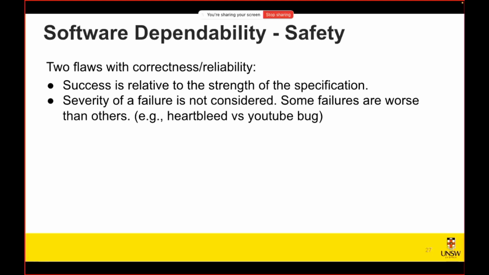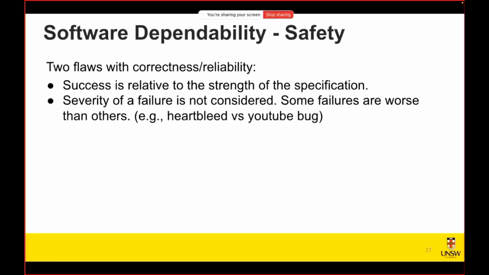Another flaw is that the severity of the failure is not considered, right? There could be different consequences of a bug. Some bugs are exploitable, which can lead to very severe consequences. And some bugs are not so severe, because maybe it's just a very annoying behavior of the software, or maybe just a bad look in the GUI.